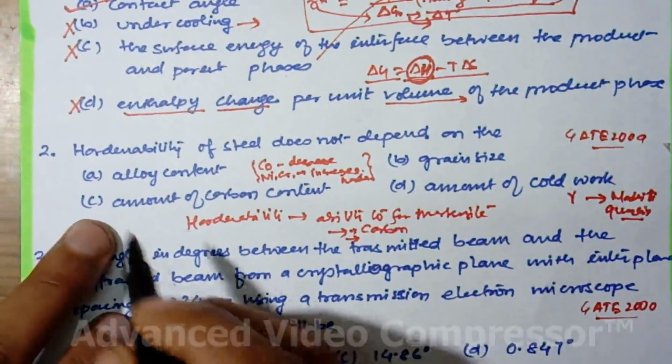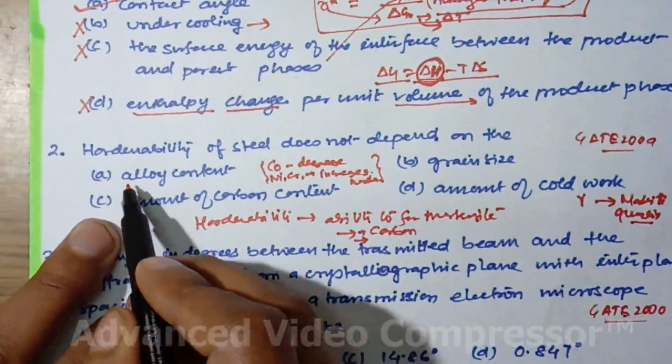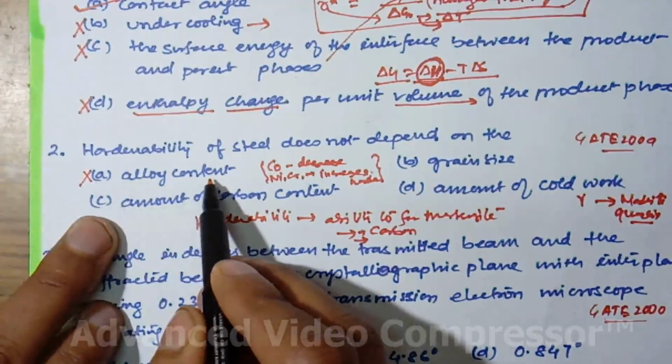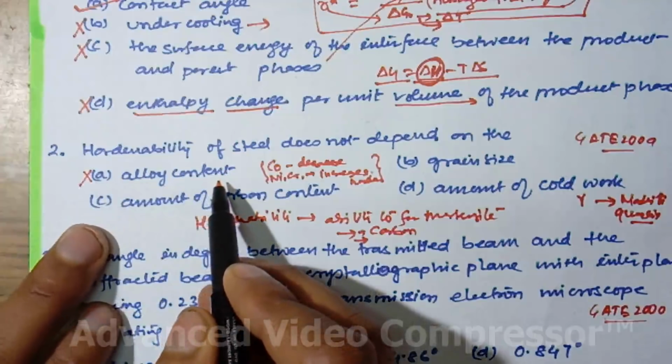Okay, so coming to the options, alloy content. So this is the wrong answer. Alloy content has an effect on hardenability.